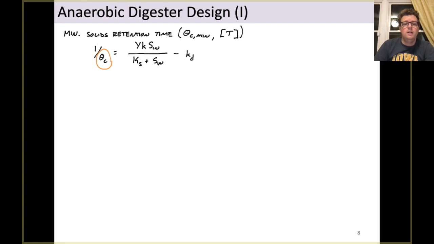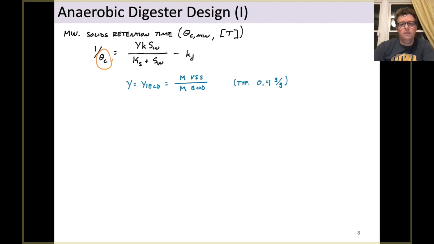So the minimum retention time to achieve washout is the case when growth and death are balanced, as we see on the right-hand side. Just to give you a reminder of what these things are, capital Y is yield, and again that relates the mass of BOD in the denominator per mass of volatile suspended solids that you can generate in the numerator.